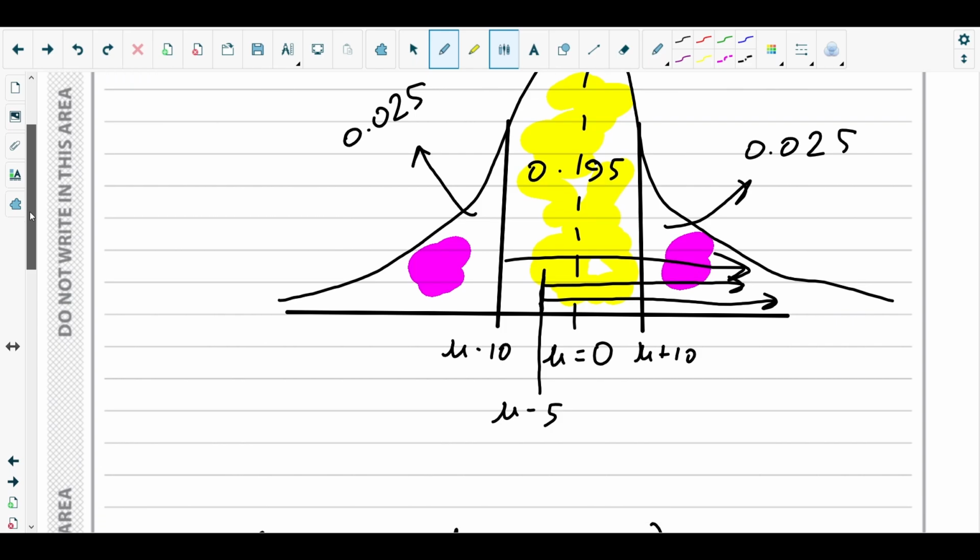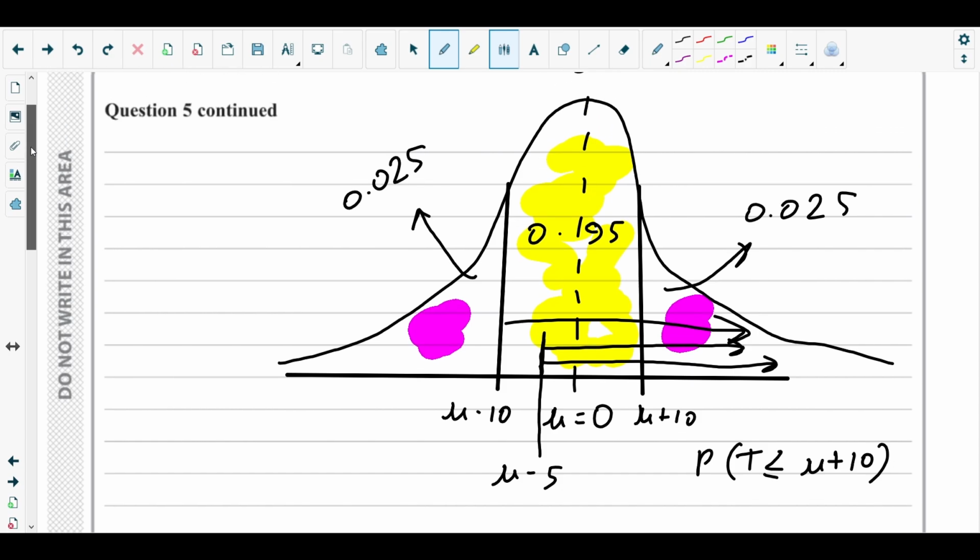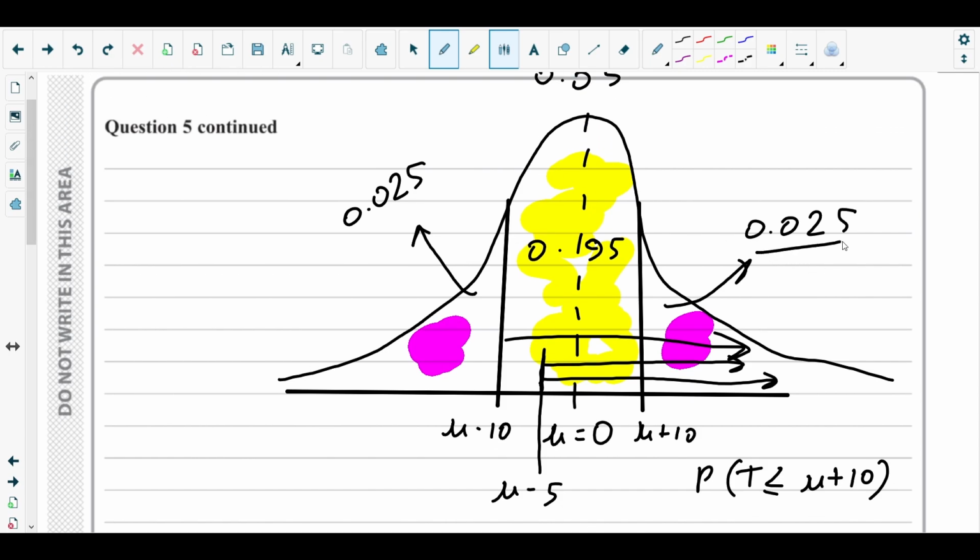So what we can write is that the probability of t less than or equal to mu plus 10 is how much? Look, the total area is 1. So from 1, if you subtract 0.025, you will get this whole part, right?